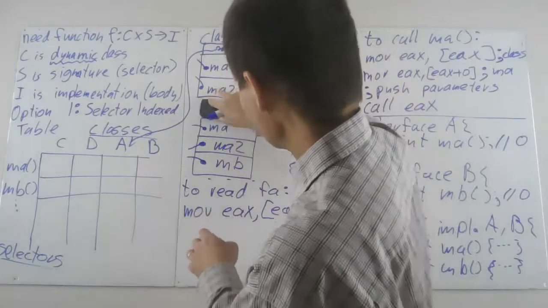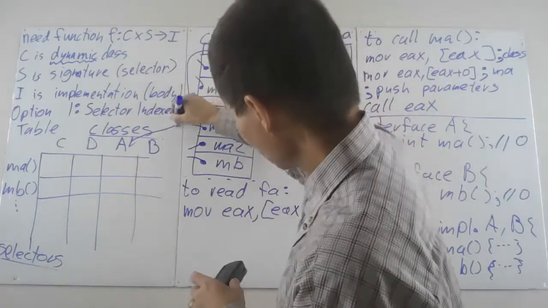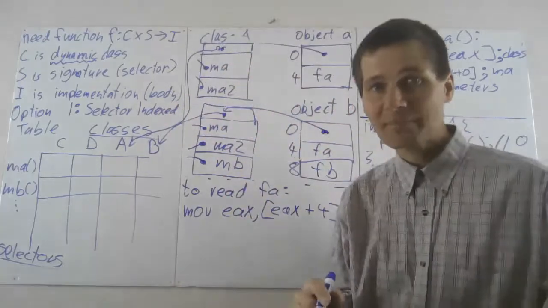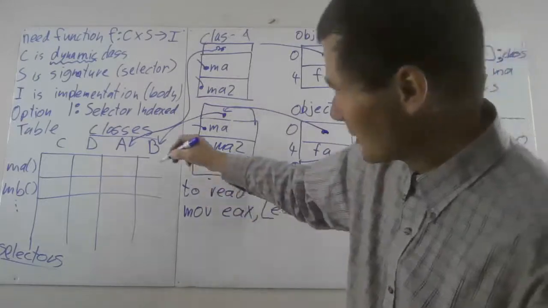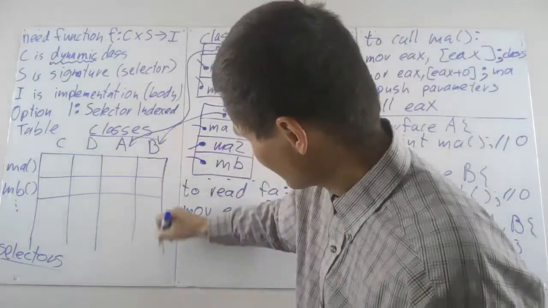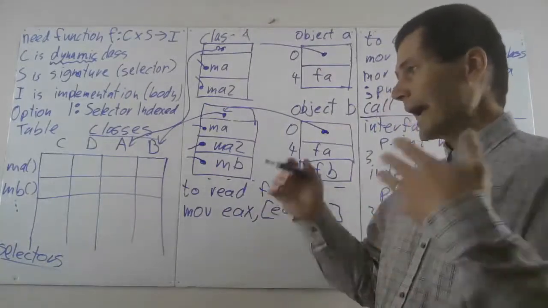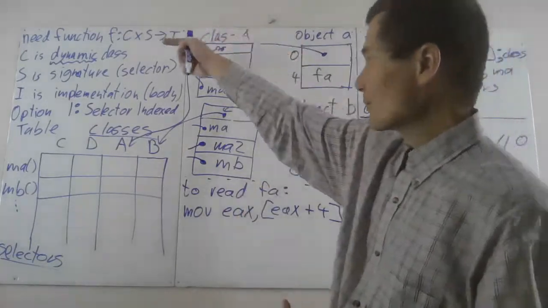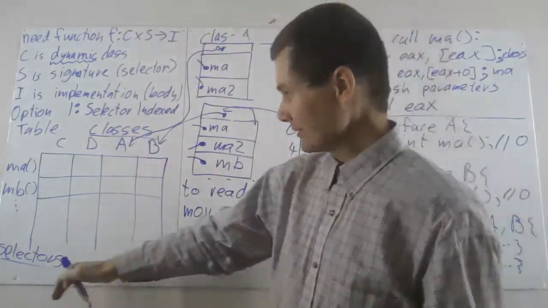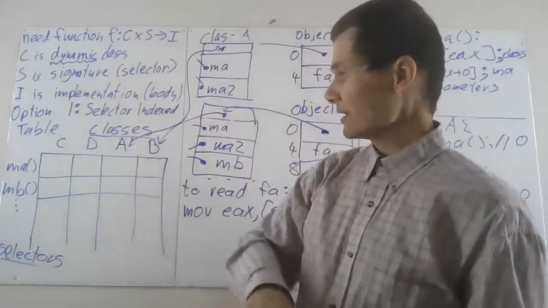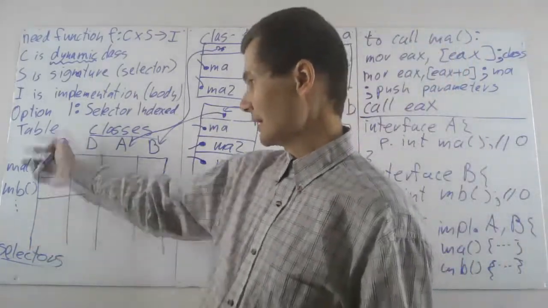So here in class B, I'm going to add a word 0. Okay, so that points to a column of class B. So the point is, from any class data structure, you're going to be able to find the address of a column of this table. So when you have your dynamic class, you can find the column. And then the selector, this is known at compile time, so it's just going to be an offset into this table.